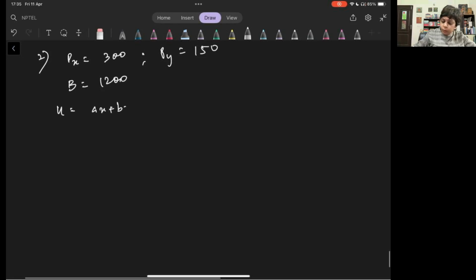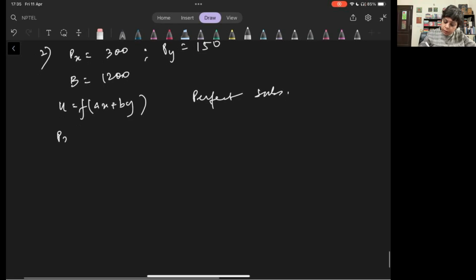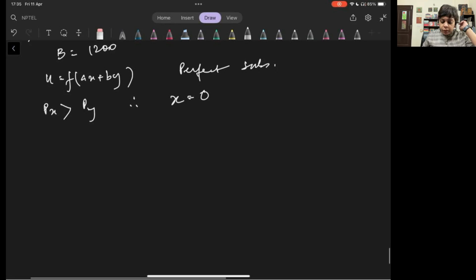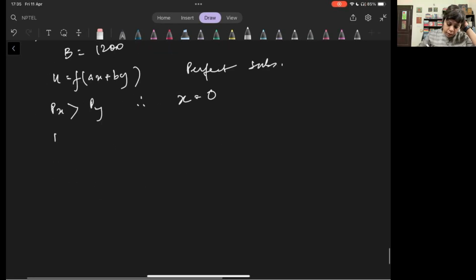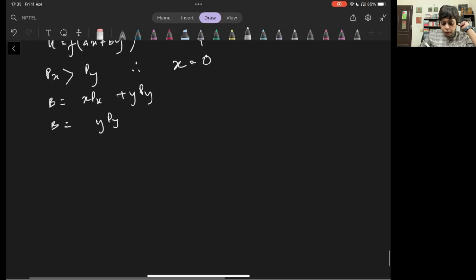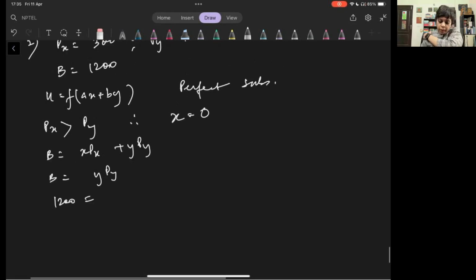Since Px is greater than Py, x will not be consumed at all. Px is 300, Py is 150, so there won't be any consumption of x because this is a case of perfect substitutes. So the equation becomes fairly simple. B is equal to x Px plus y Py. Now x is equal to 0, so this just becomes y Py. This is 1200. Py is 150.